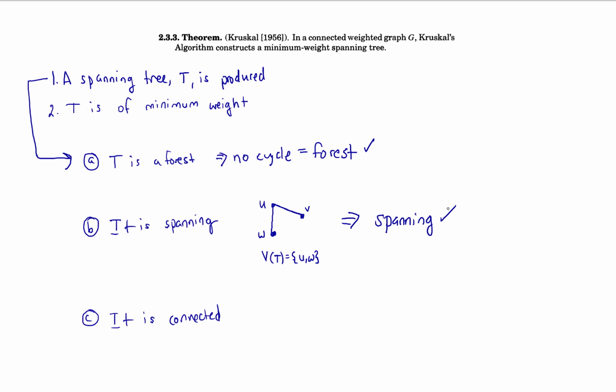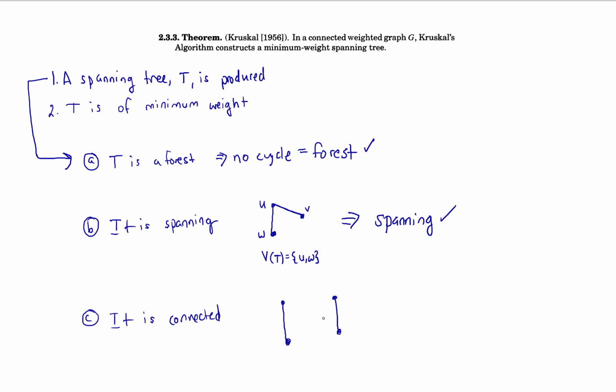And then the final thing we have to show is that T is connected. And this is basically the same argument as what I used for the one above. If T is not connected, then it must have at least two connected components because G was connected. So let's say I have two connected components in T. Now again, G was connected, so at least one edge has to lie between these in G. It could be up here, or it could be down here.